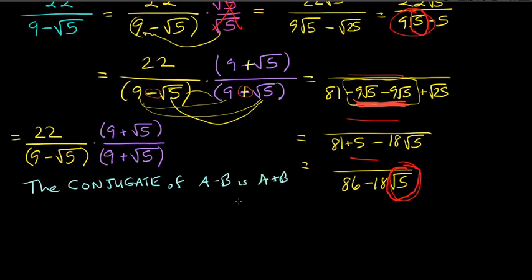You change the second sign. The conjugate of a plus b is a minus b. So you don't change the first sign, you just change the second sign. So that's what's going to work here. Now we can multiply this out, and I'm completely out of space, so give me a second and I will start all over here.